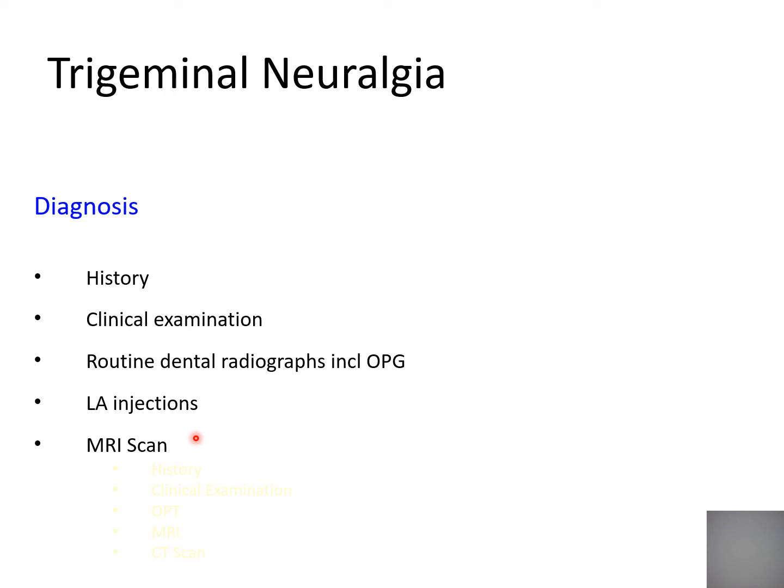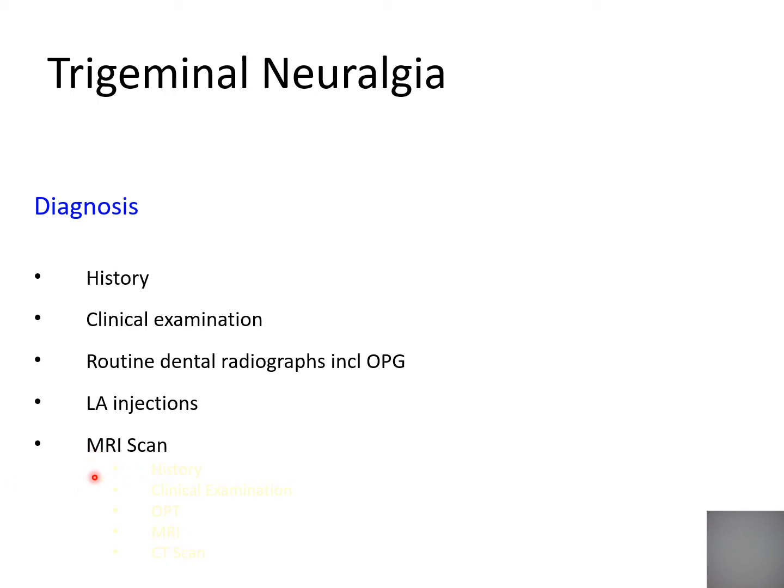If the pain is not responding, then you would go on to administer a right inferior alveolar nerve block, and if the pain subsides following the nerve block, then that would imply that the entire right inferior alveolar nerve is involved. So the purpose of local anesthetic injections is primarily to localize the pain to a specific branch of the trigeminal nerve.